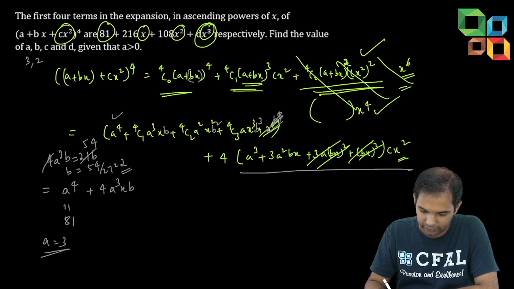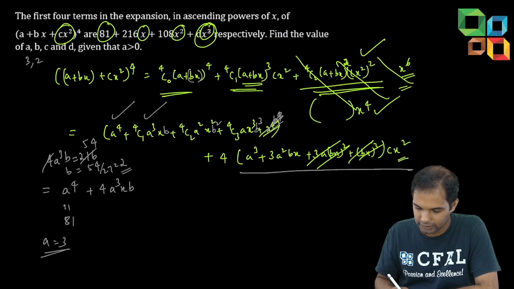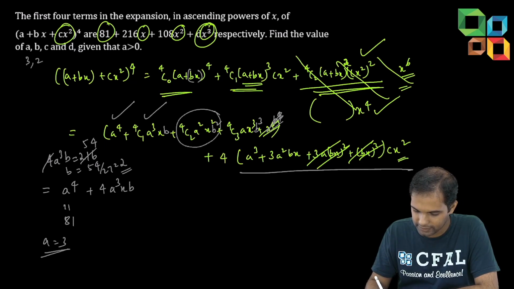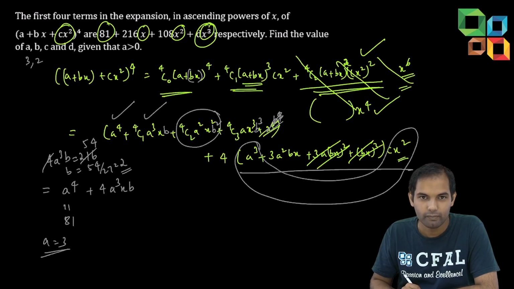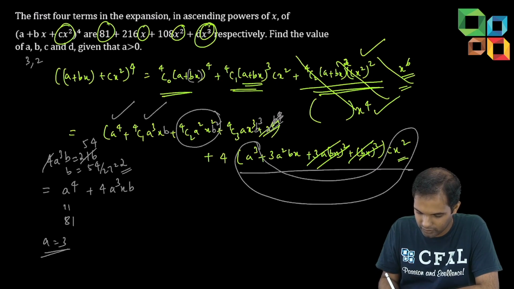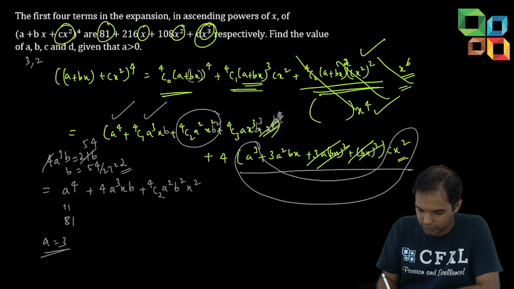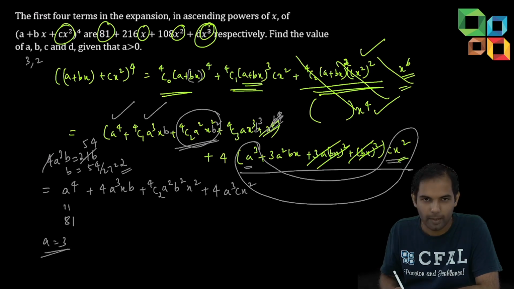Now I've taken care of this term and this term. Now the coefficient of x square. 1x square I'll get from here. Let me write down the terms first. 4c2 a square b square x square. This term is considered. Next is 4 into a cube into cx square.